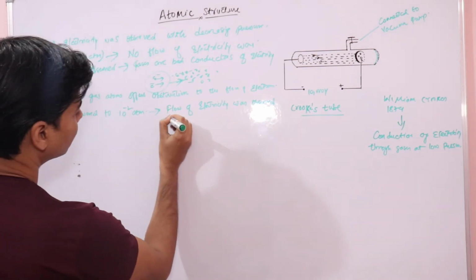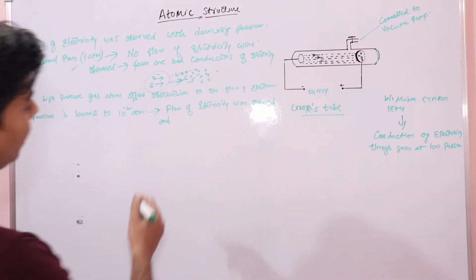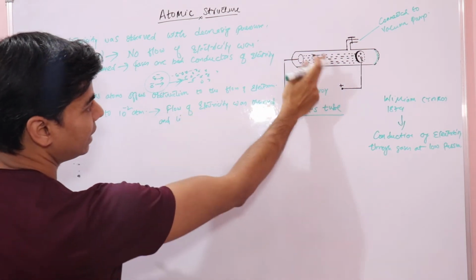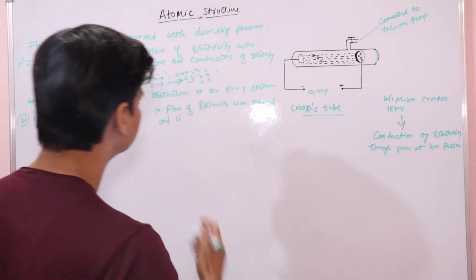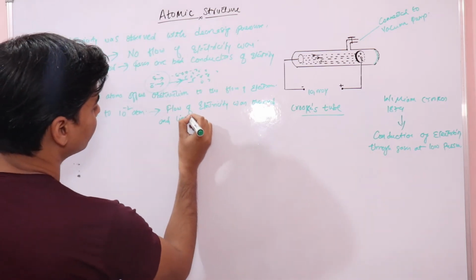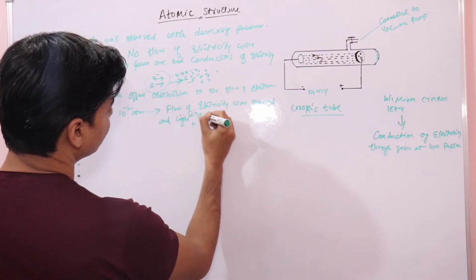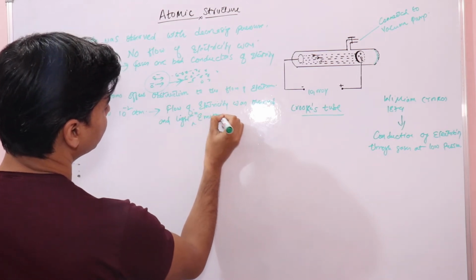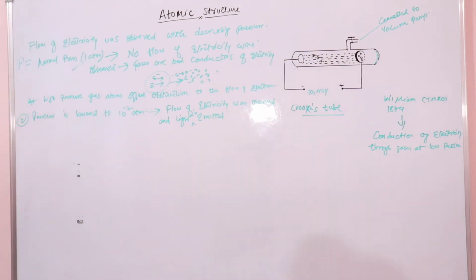And you will also observe a glow of light. Or what we say is that at low pressure, light is emitted. So inside the discharge tube, you will see that some kind of light is emitted. Now what could be the reason for this light emission?